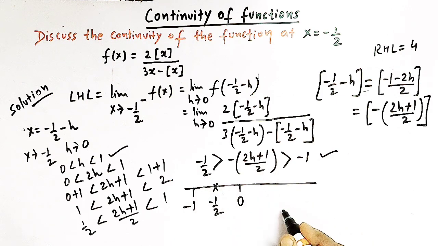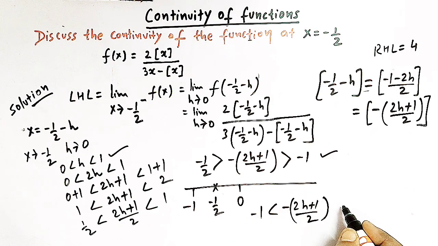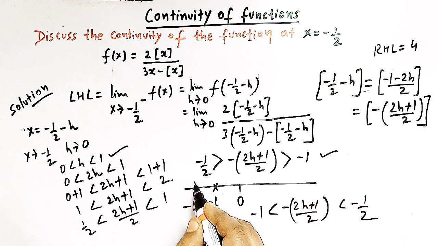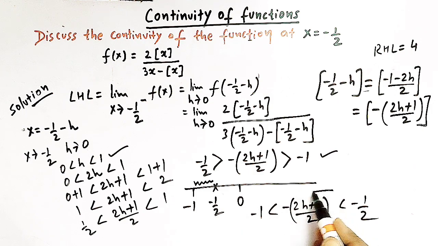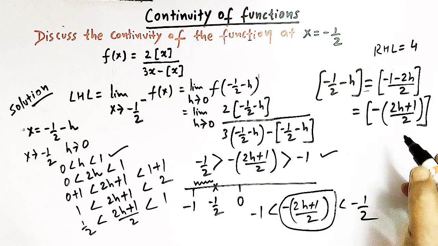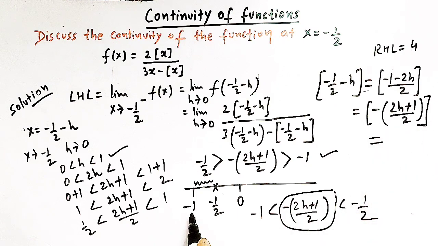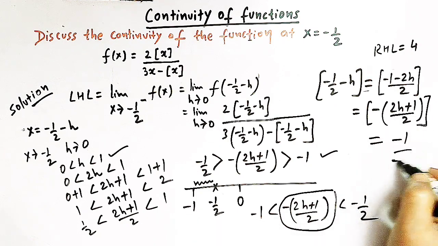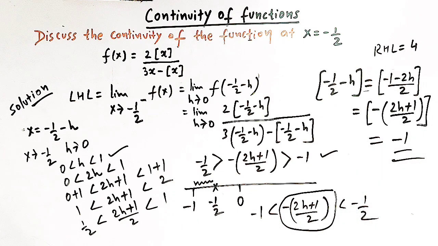So this value is greater than minus 1 but less than minus half. It lies somewhere between minus 1 and minus half. So the greatest integer of this quantity should be equal to minus 1, right, from the definition of the greatest integer function.